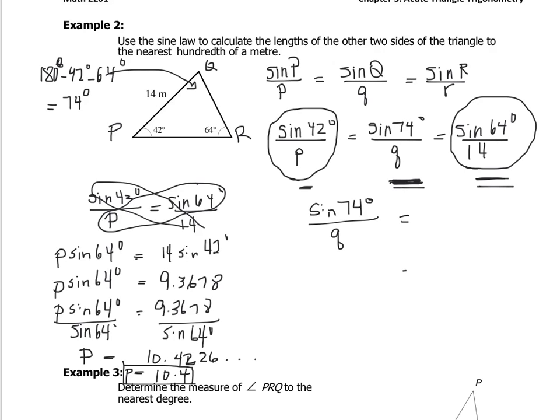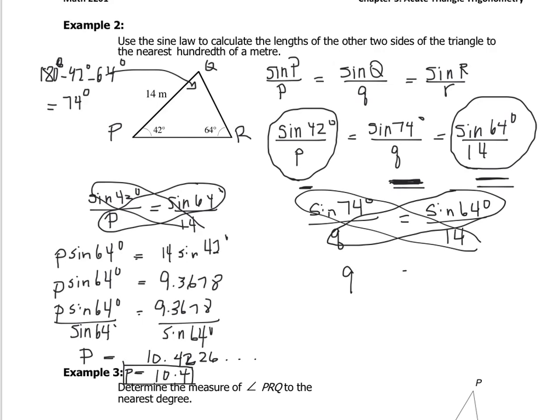You could use sine of 42 over P because you just found P, but I always go with the ones that I was given the information for, in case I made a mistake with finding side P. So sine of 64, I was given that information, and 14, I was given that one. And then again, I cross multiply and solve for Q. So Q sine 64 equals 14 sine 74.